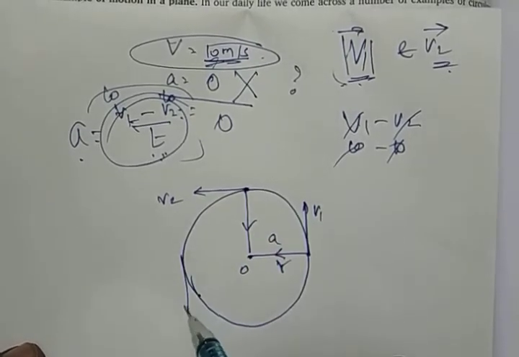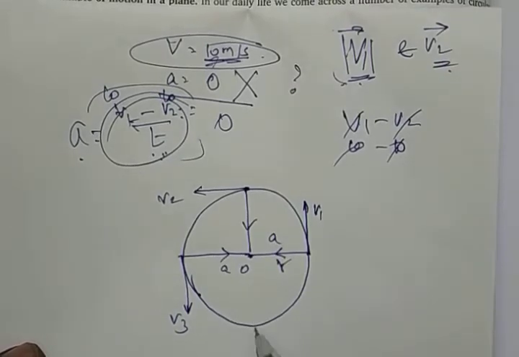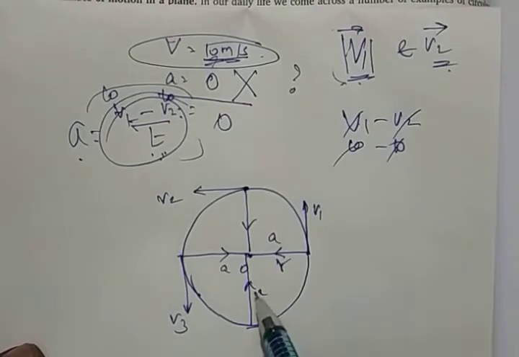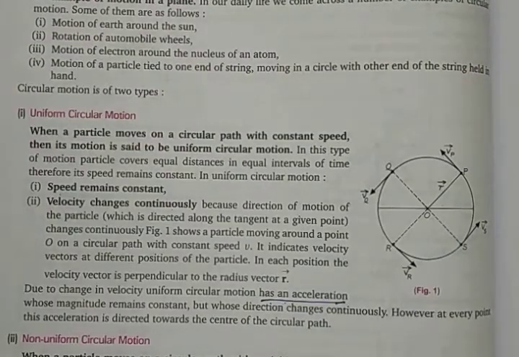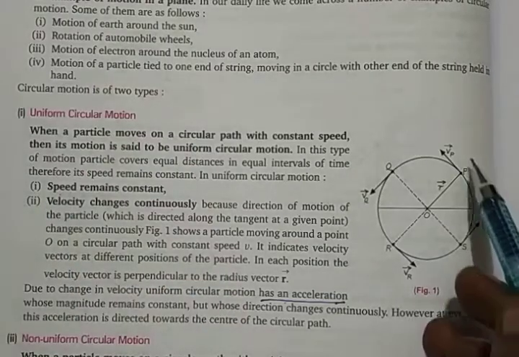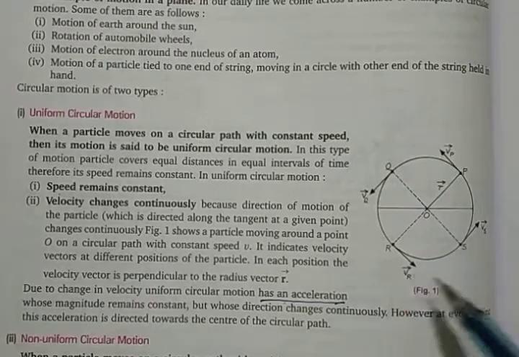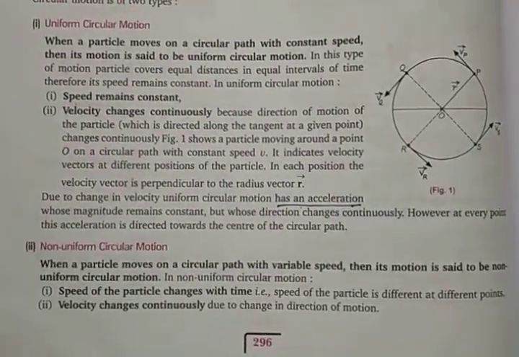And it is going here like this, v3, acceleration is still directed towards the center. So everywhere, the acceleration is directed towards the center, along the radius. So this is called uniform circular motion: the speed is the same, but the velocity is in a different direction. Please remember that.